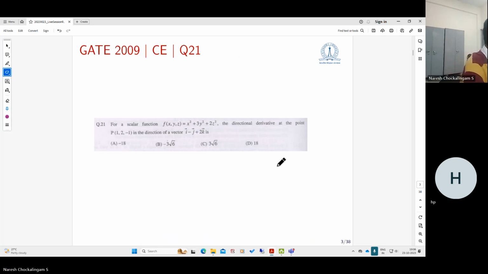This question appeared in the GATE 2009 civil engineering paper. It is a problem from directional derivatives.